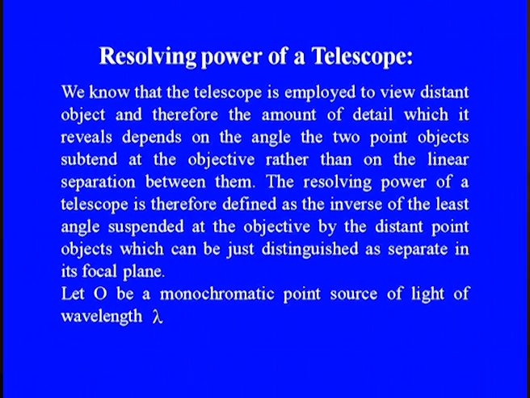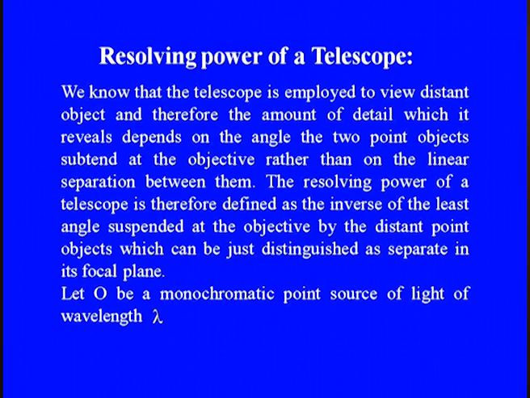Now, let us discuss the resolving power of a telescope. We know that the telescope is employed to view distant object, and therefore, the amount of detail which it reveals depends on the angle the two-point objects subtend at the objective rather than on the linear separation between them.